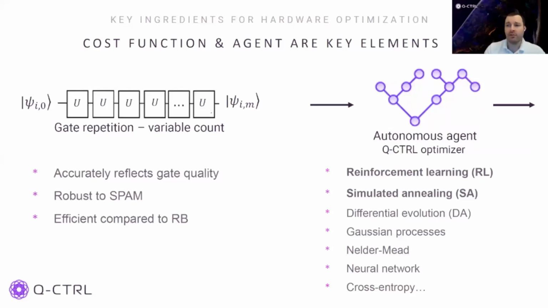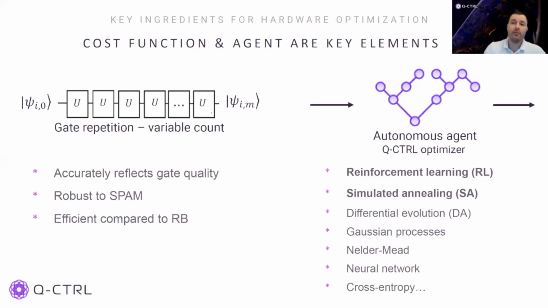Finally, during the optimization process, we call the cost function many times. Therefore, it must be efficient. A possible cost function is randomized benchmarking. Unfortunately, it is not efficient enough in order to take part in the optimization process. Instead, we are using a repetition scheme, where we start from different initial states and apply the gate a different number of times. We choose the exact scheme such that all the points I just mentioned are fulfilled.